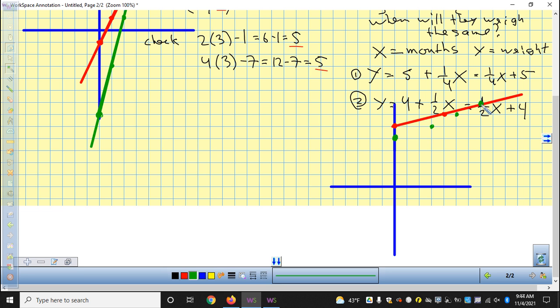I'm just plotting some points because I think they're going to intersect right there.